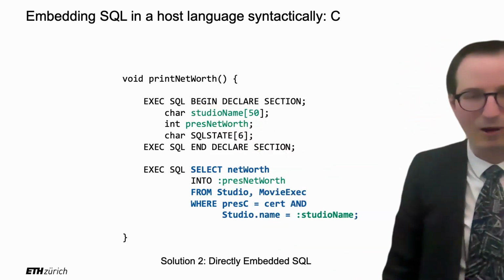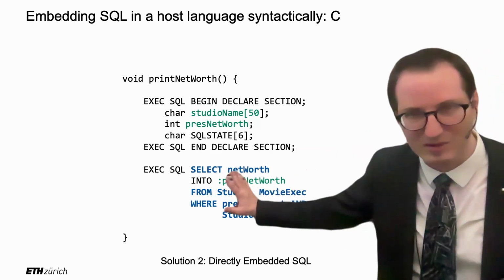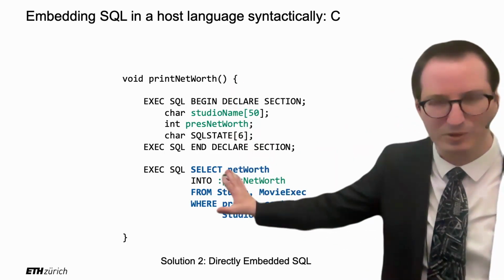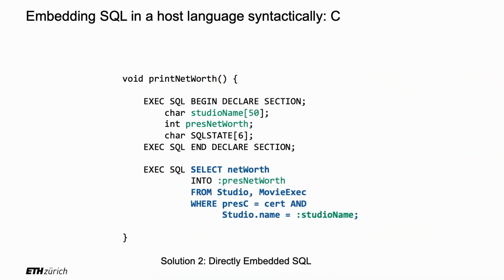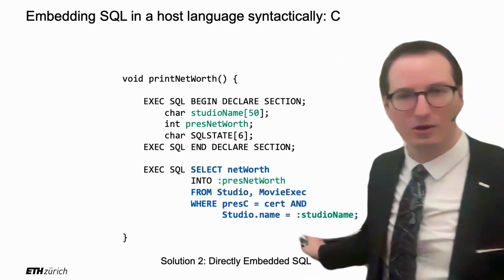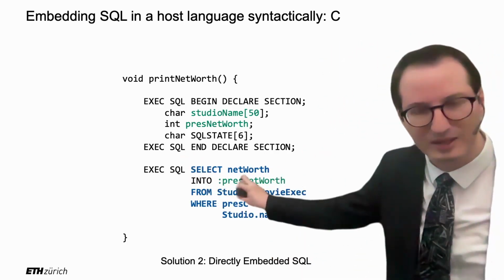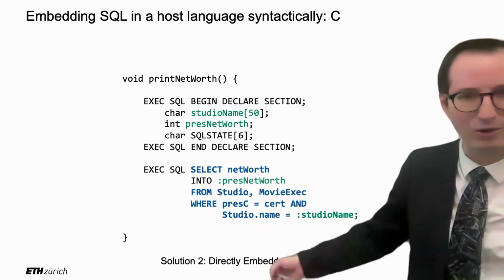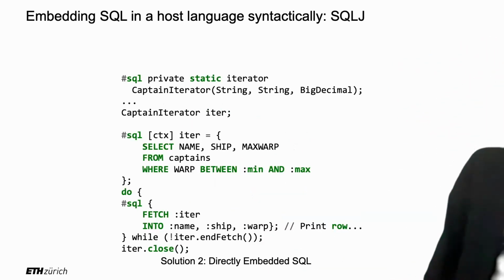So this is how you literally embed SQL inside the host language, because SQL is inside the C program. Notice that you don't have any quotes around here. This is literally put in there, and this is something the compiler already sees, right?